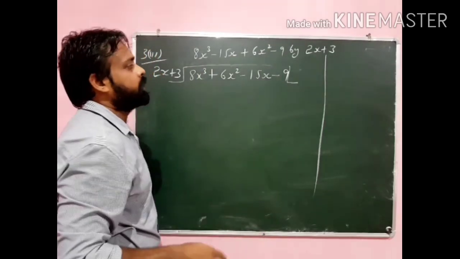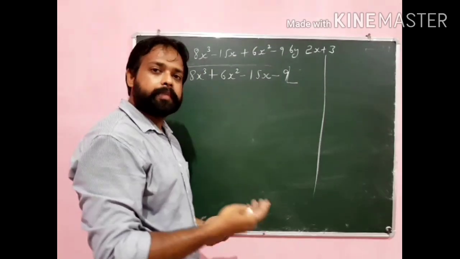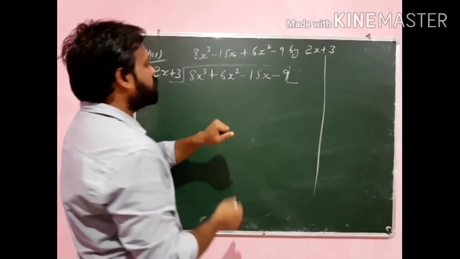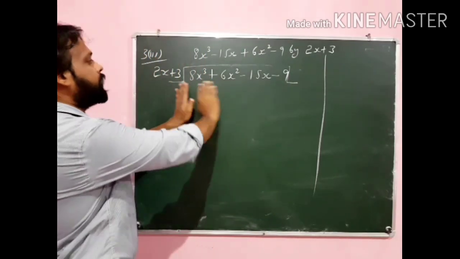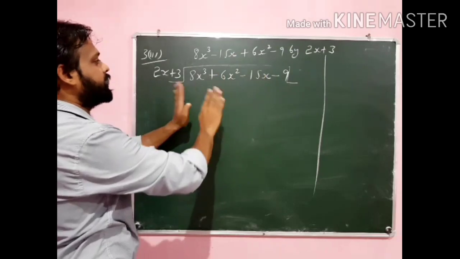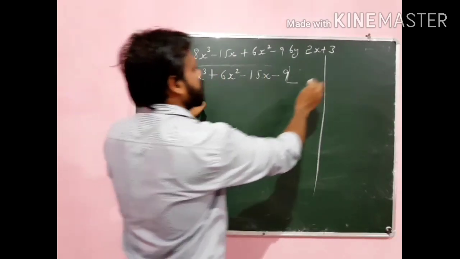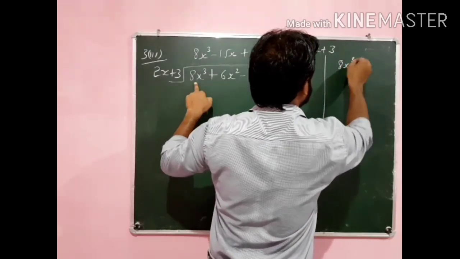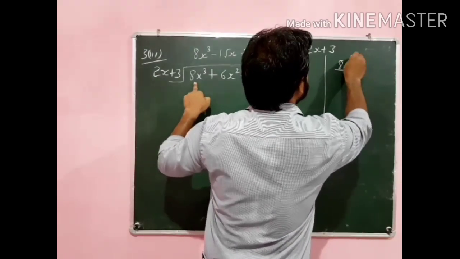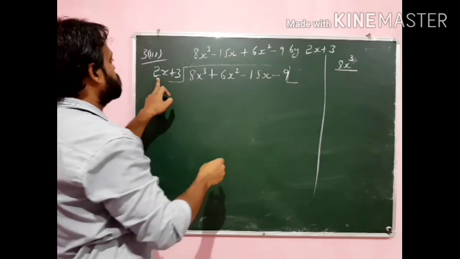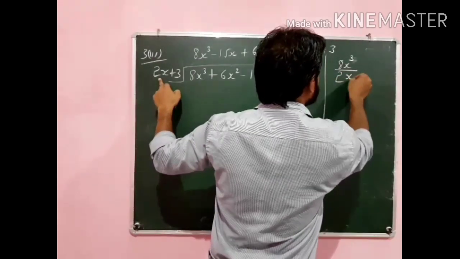Now I am going to explain the steps which I am talking about. The polynomial is already arranged according to the powers. So first of all, write this 8x cube in the rough work. This is the first step, as I told you: 8x cube divided by this 2x.